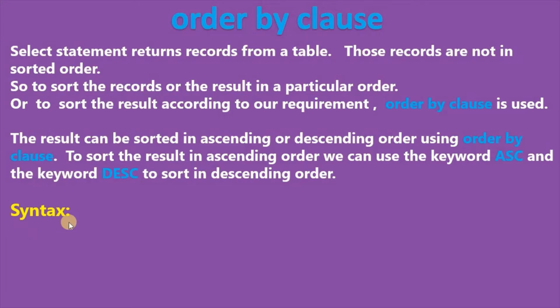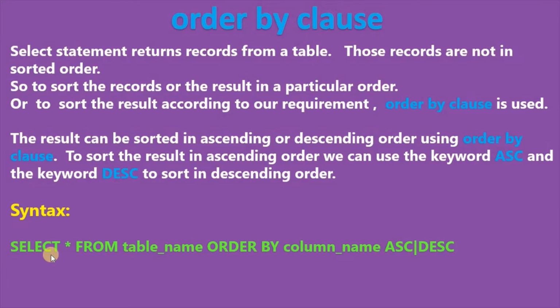The syntax is: select star from table name, order by column name, ASC or DESC. When we are sorting one column, this is the syntax for the order by clause.